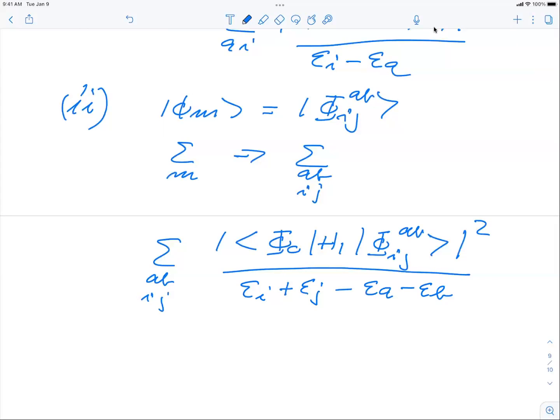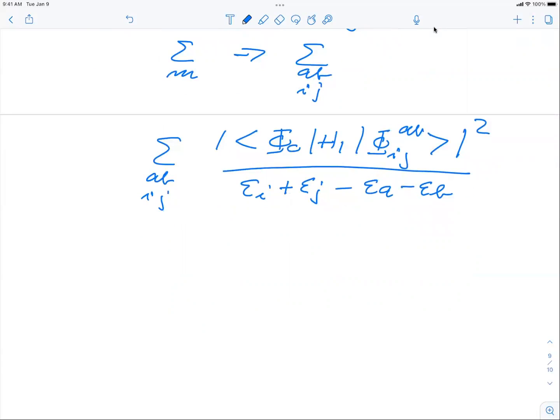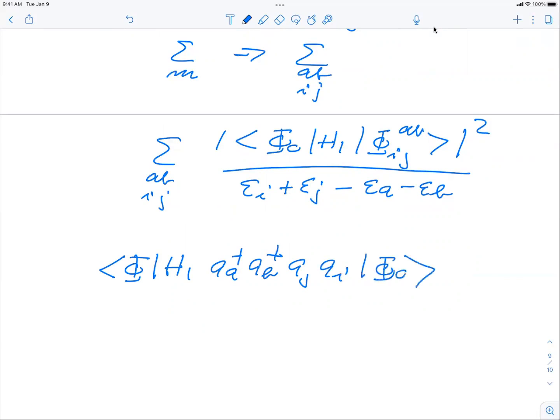The only thing we have to be careful with is when we are setting up H_I. So in this case, what we have to calculate now is ⟨Φ0|H_I|a_a^† a_b^† a_j a_i|Φ0⟩. And this is also something which we have already calculated.